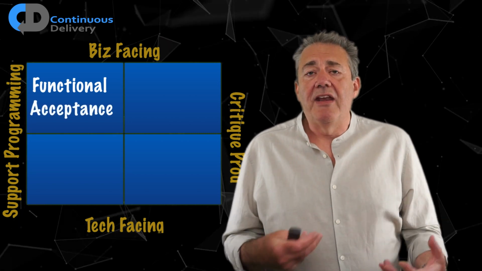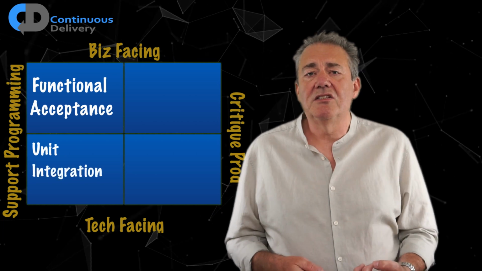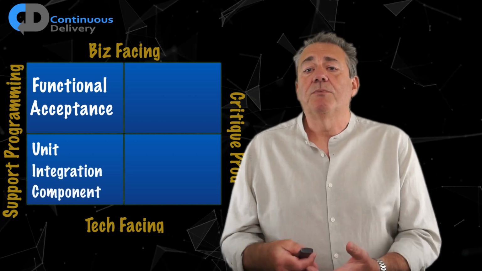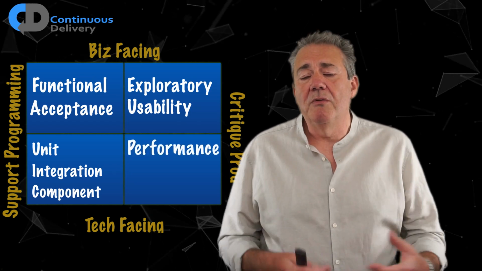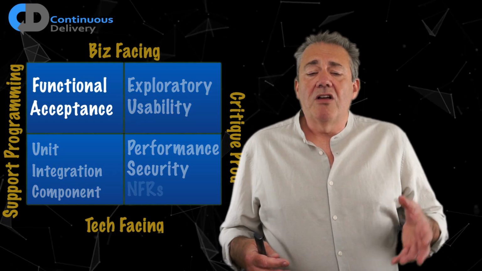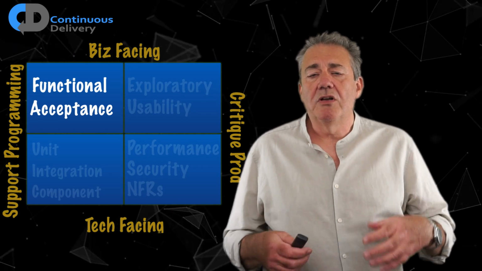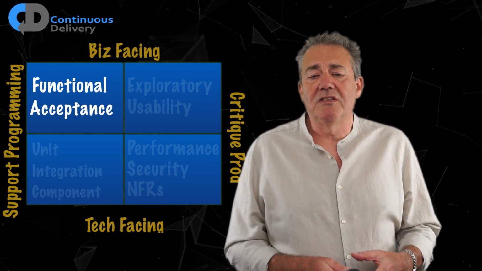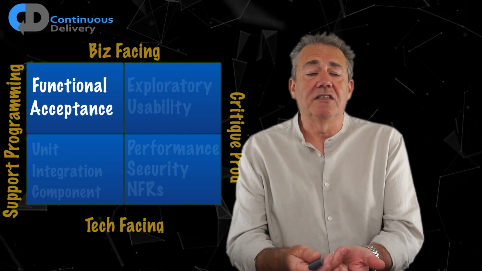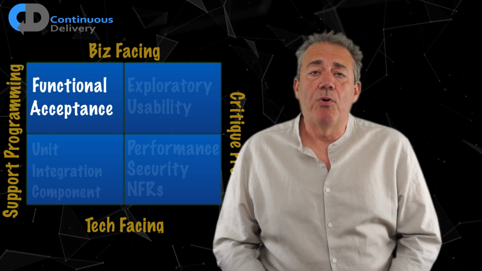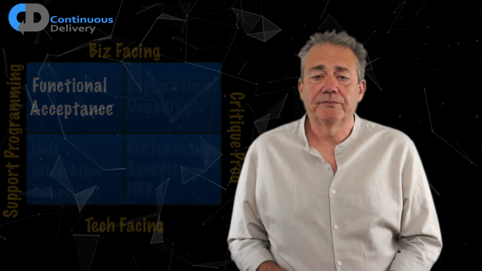And we divide that up into functional testing and acceptance testing, unit testing and integration or component testing, exploratory and usability testing, performance, security, non-functional requirements, and so on. The top left quadrant is really what we're talking about today. We're talking about functional testing and acceptance testing. So this is business facing, and it's supporting the programming, the development of our systems.